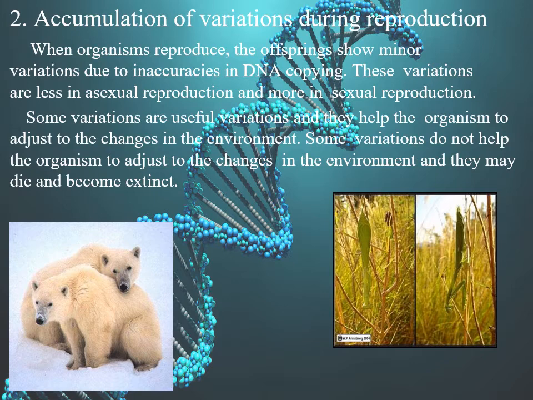And how is it taking place? It is through cell division, and during the process of cell division some inaccuracies take place during the copying of DNA, which results in slight variation.